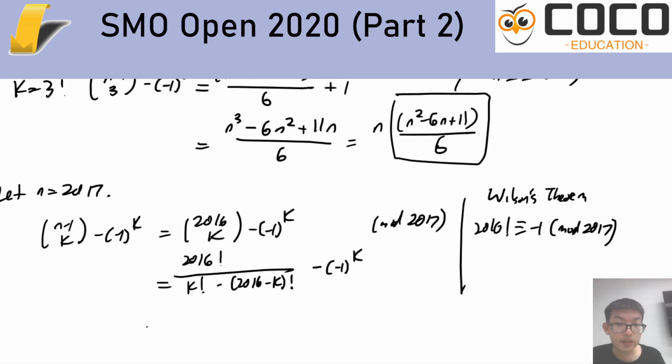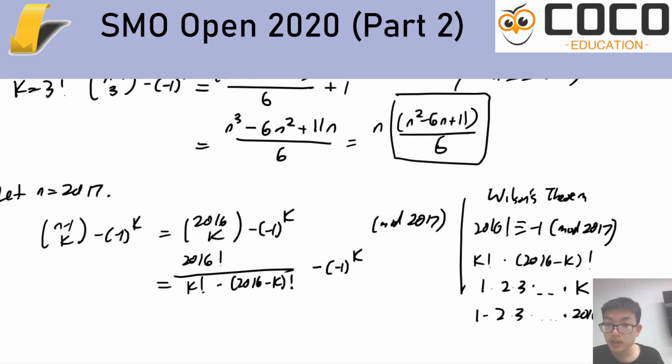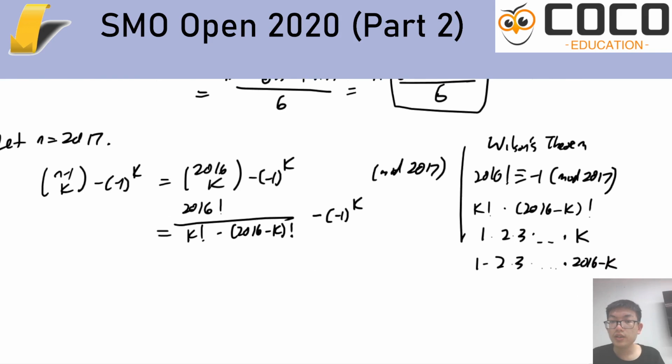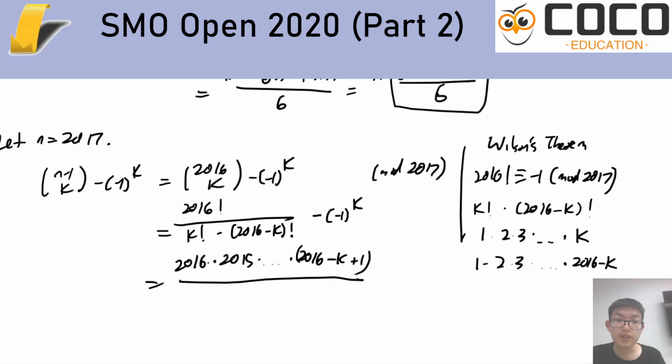Meanwhile, if I have k factorial times 2016 minus k factorial, just writing down what the numbers are, I'm realizing that, if I were to write it just in the usual way, and then cancel off the 2016 minus k factorial, I could also just write this in terms of mod 2017.